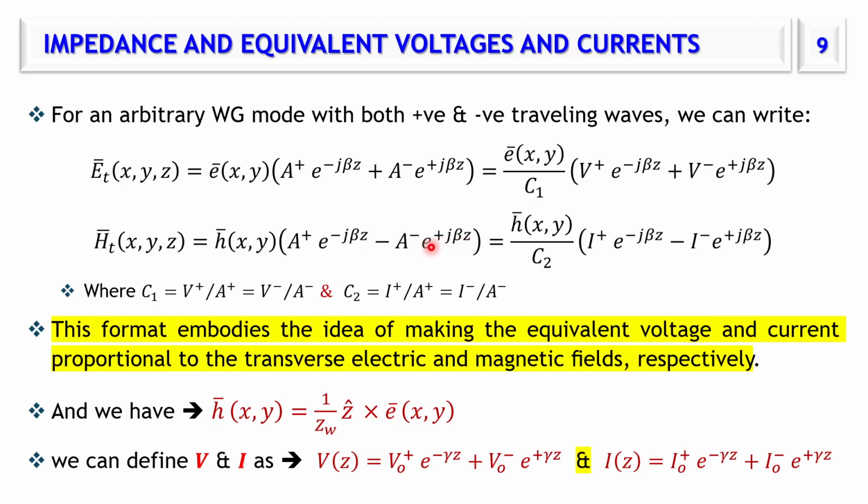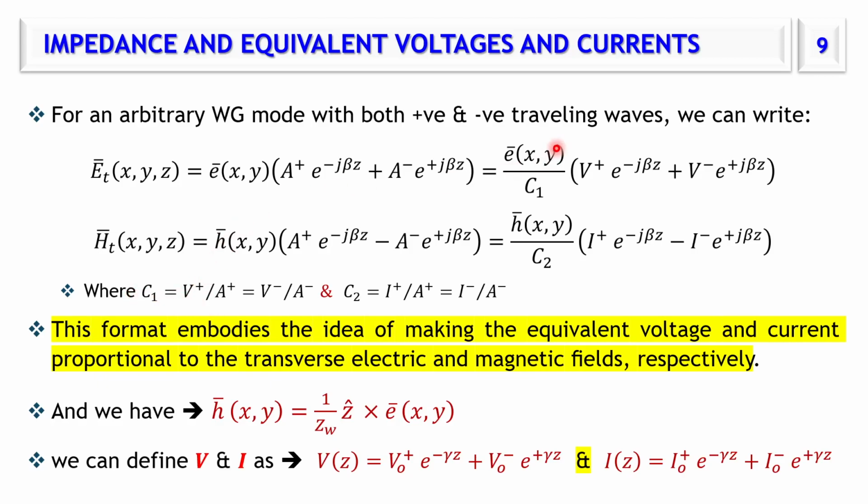If we also apply the rules for current, having the current proportional to the transverse magnetic field, we would have this expression here. And we have those two constants.